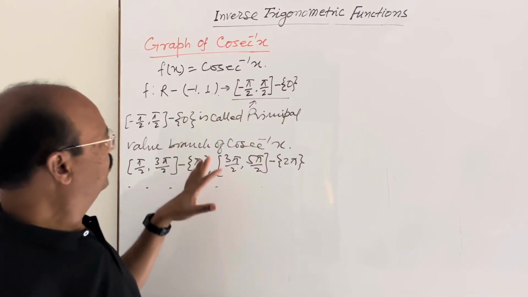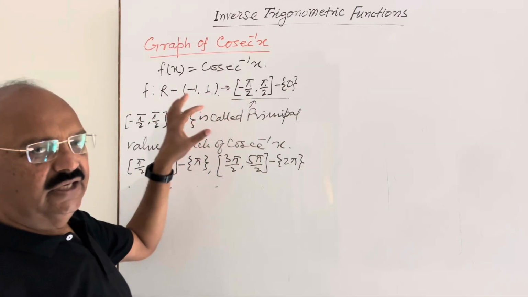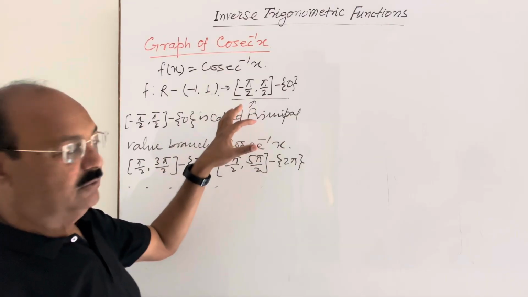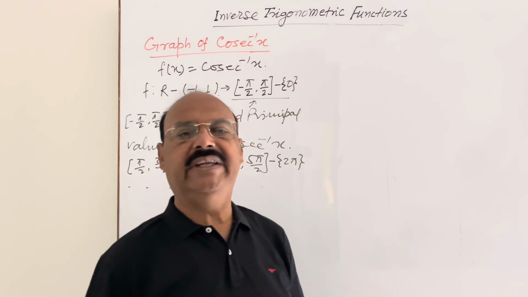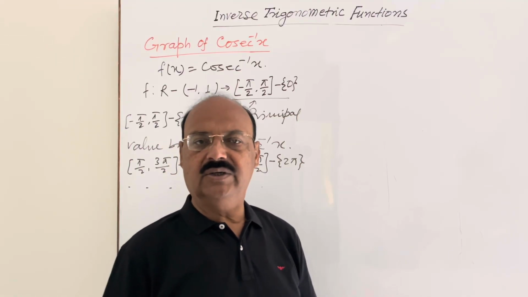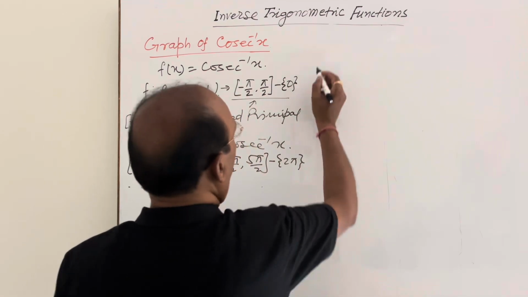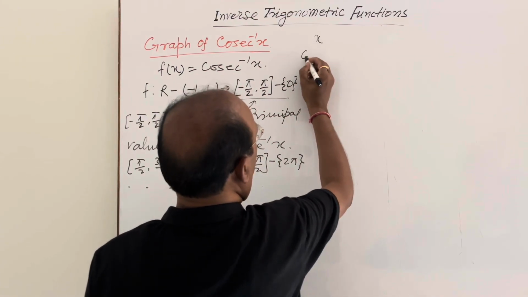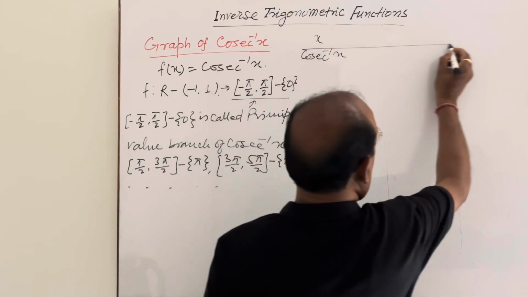So we have to take values of x and cosec inverse x for drawing the graph, because we know that for drawing any graph we need some points with their coordinates. So let us make a small table here having the values of x and cosec inverse x.